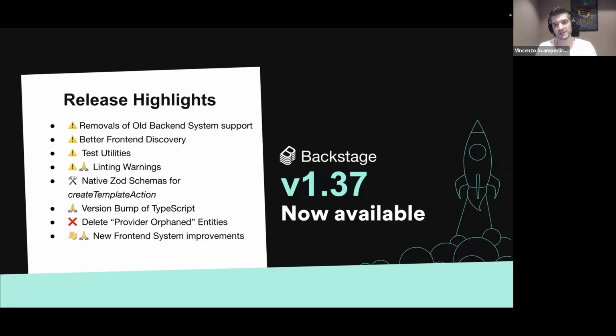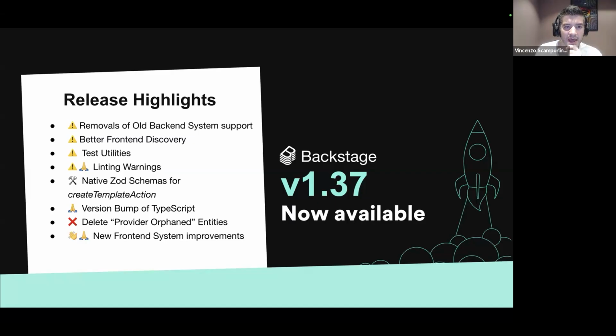New Backstage apps are going to be based on TypeScript 5.8. The recommendation is to bump your Backstage app at least to 5.6 so that it matches the same TypeScript version that is used by our internal toolings.